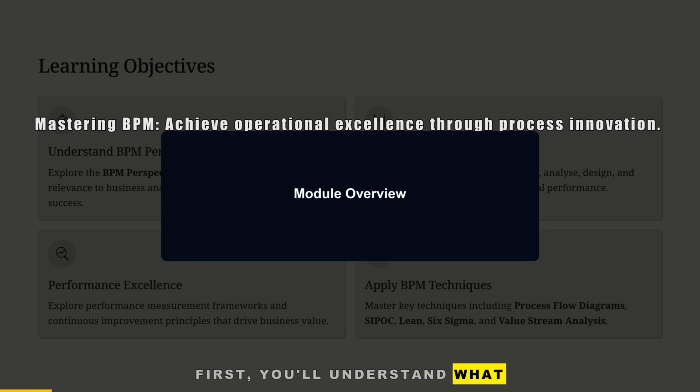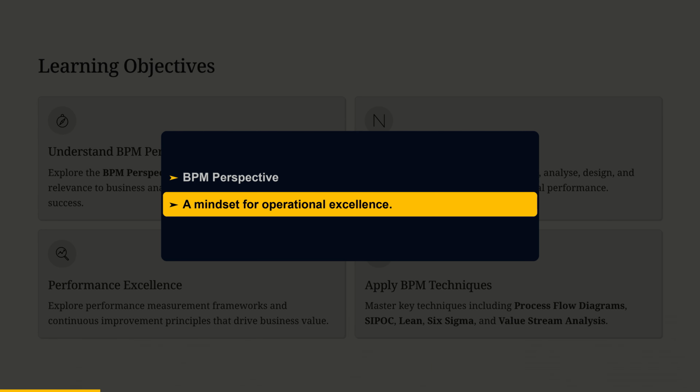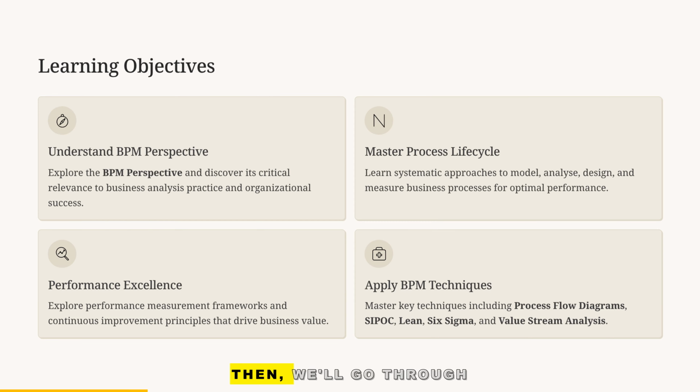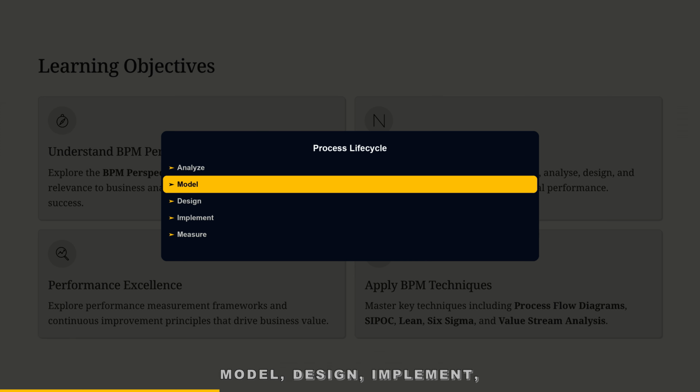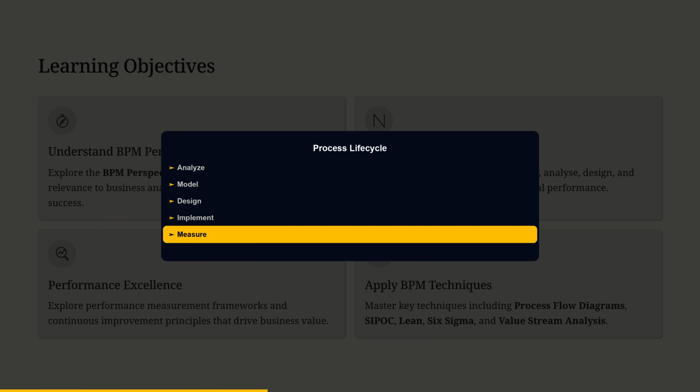First, you'll understand what the BPM perspective really means, not just as a set of methods, but as a mindset for operational excellence. Then, we'll go through the process lifecycle, learning step by step how to analyze, model, design, implement, and measure business processes effectively.